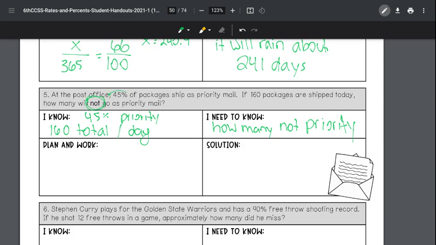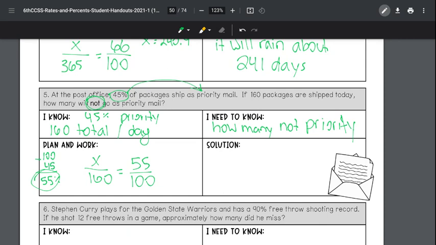So if I know 45% of my packages will ship as priority, priority plus not priority has to equal 100%. So 100% minus 45% means 55% of the packages will ship as not priority mail. So that's the number I'm actually going to use. So 55% out of 100 equals one number over 160 in total packages.